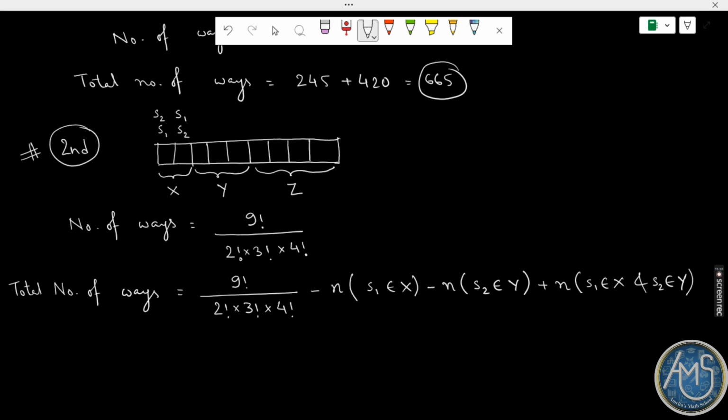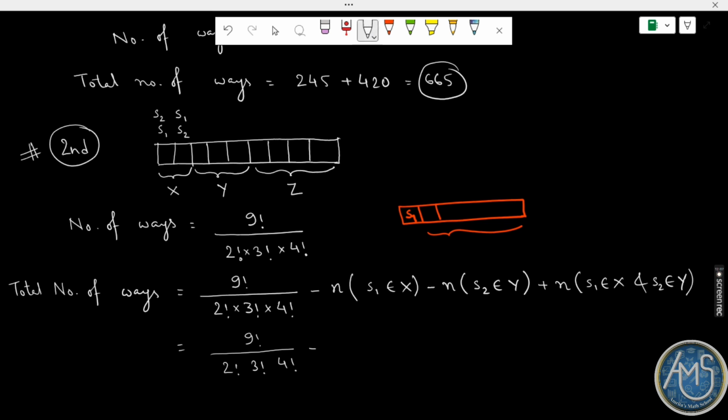So now, 9 factorial by 2 factorial into 3 factorial into 4 factorial minus, if S1 belongs to X, that means in all those 9 students, S1 is already in X. So if S1 is already in X, how many are left to arrange?